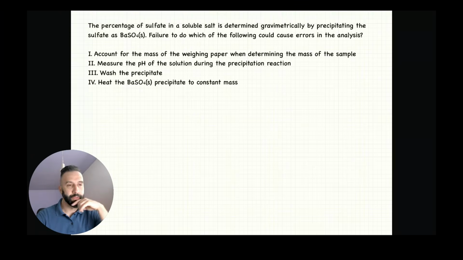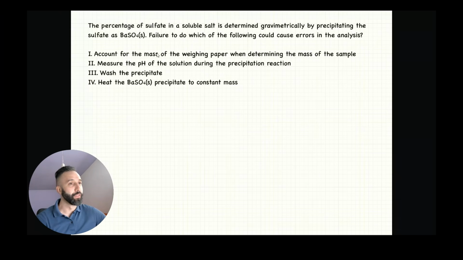Then you heat it again. And then you measure the mass. If the second mass is different than the first mass, that means there's more water in it. So you need to heat it again 3, 4, 5 times until you get the same mass at least twice. That is what this means. Heat the precipitate to constant mass. You keep heating it to remove the water.